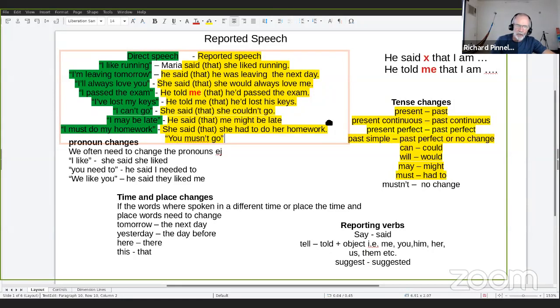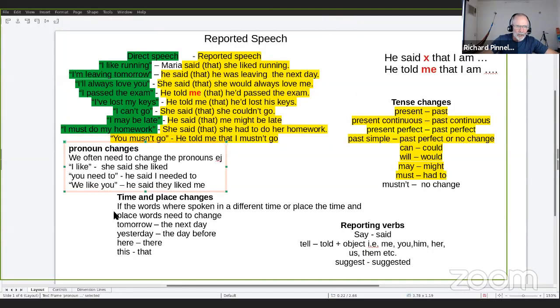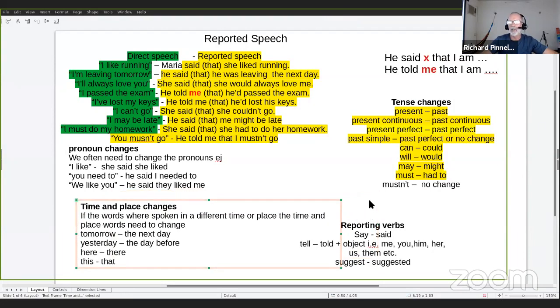In reported speech it would be, he told me that I mustn't go. It's the same. You can't change the negative. So these are the basic changes that you need to make when you want to use reported speech.